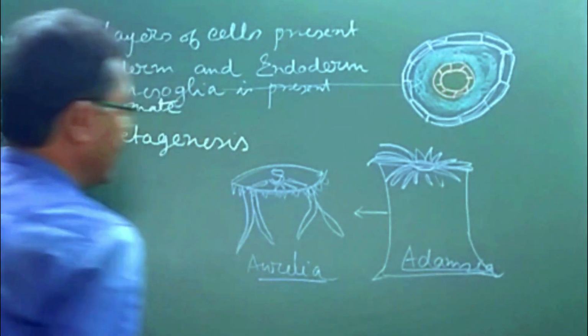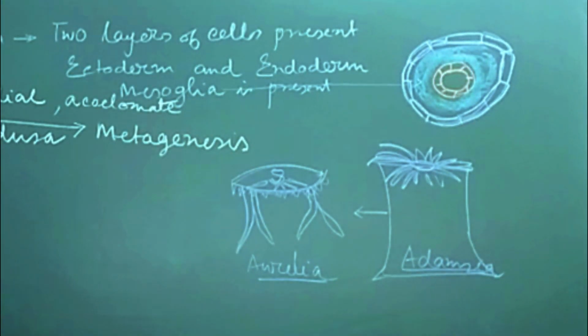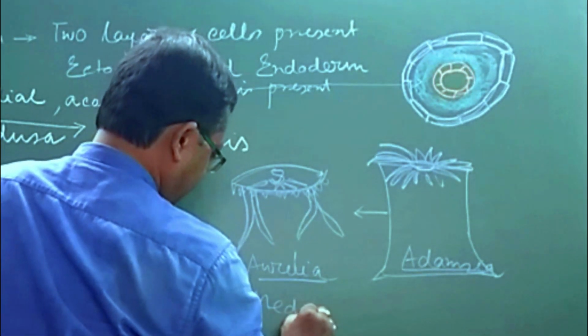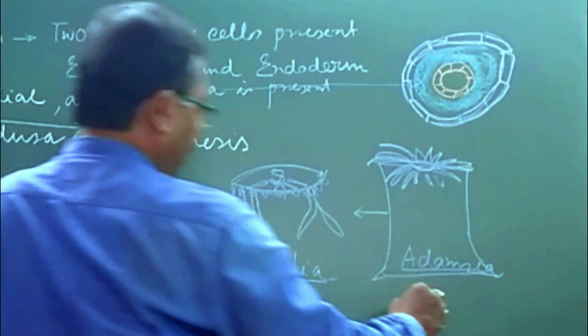Adamsia and Aurelia. Aurelia is the medusa. It is a medusa form, and this is a polyp form.